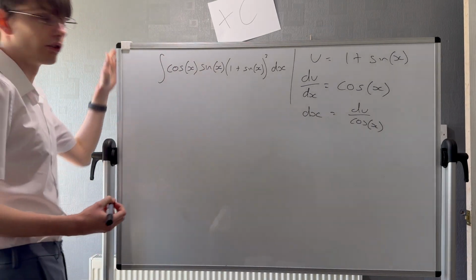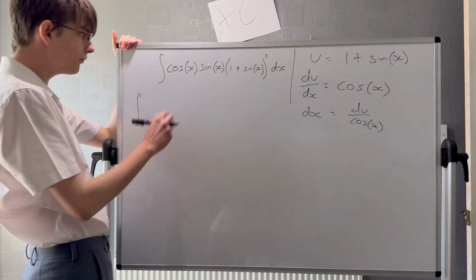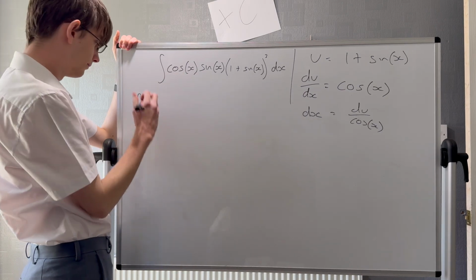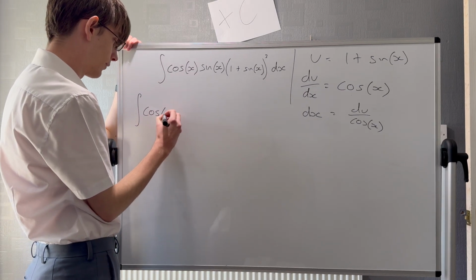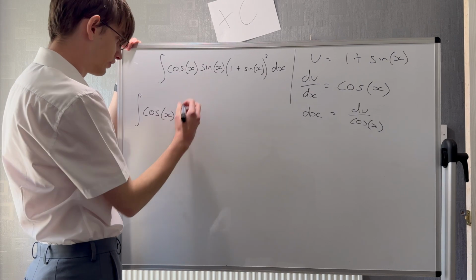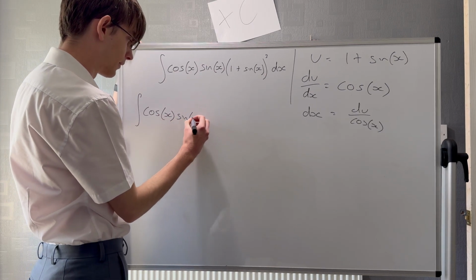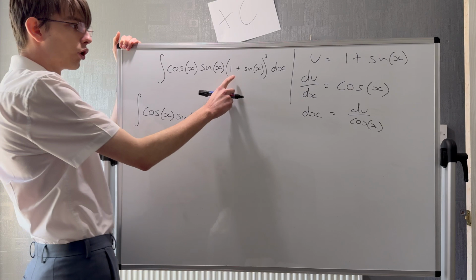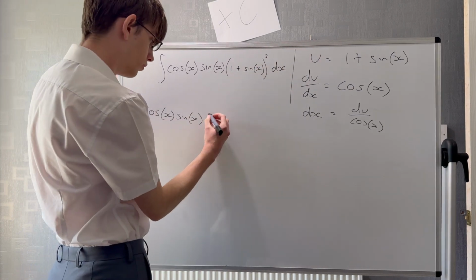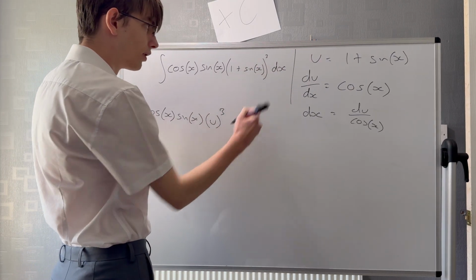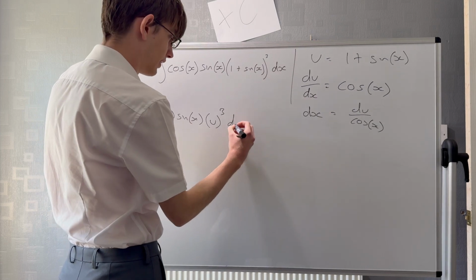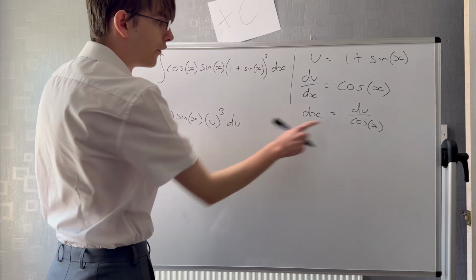Okay, now let's start replacing. I have cos x here. Can't do anything with that at the minute. I've got sine x here. Can't do anything with that at the minute. But then I've got 1 plus sine x, which is u cubed, and then dx can be replaced with du divided by cos x.